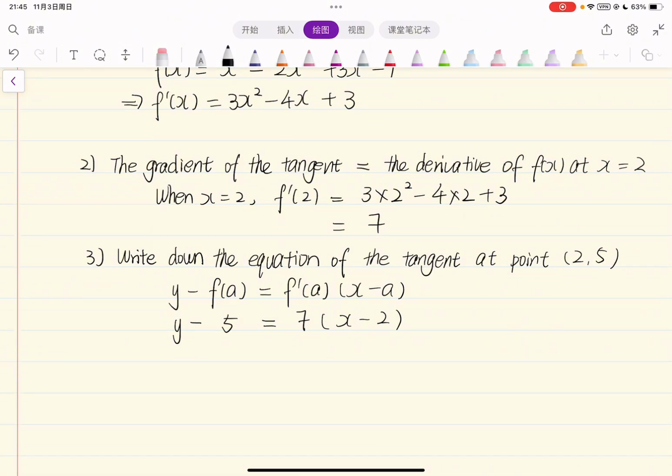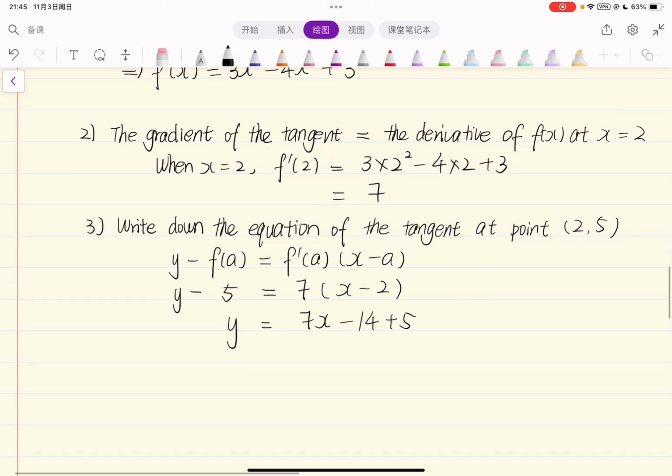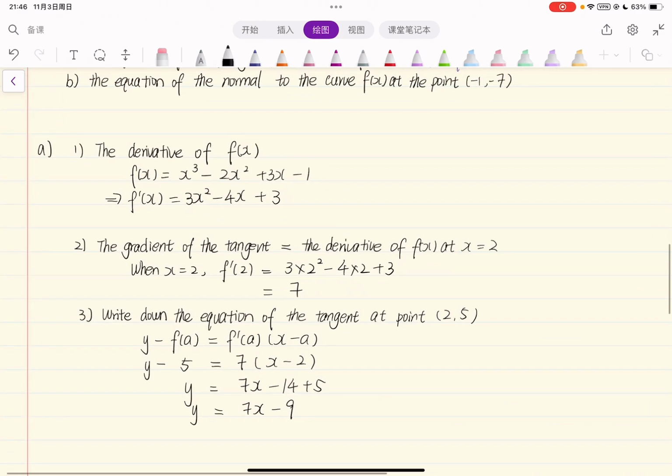And we rearrange that. We have y equals 7x minus 14 plus 5. So the equation of the tangent at point (2, 5) is y equals 7x minus 9. So we have done the part A question.